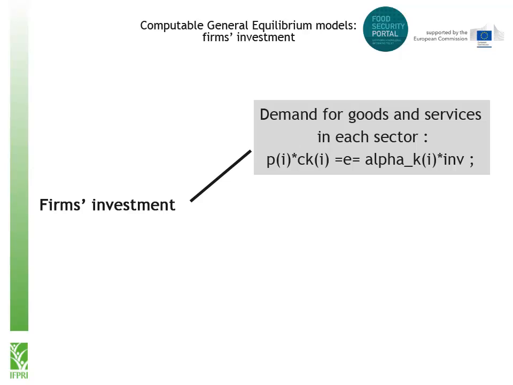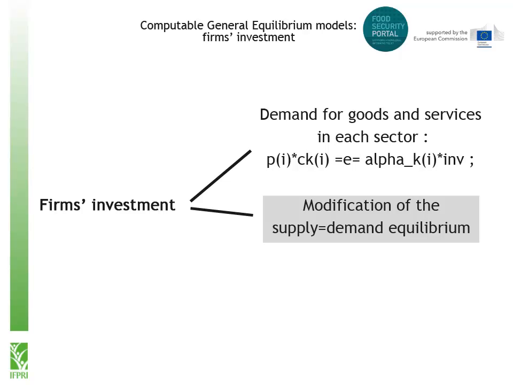So it means that the total investment in the economy is a value of INV, and the purchase of goods consists in trucks, computers, equipment goods, and so the investment goods that are purchased are distributed among sectors according this constant distribution in value.